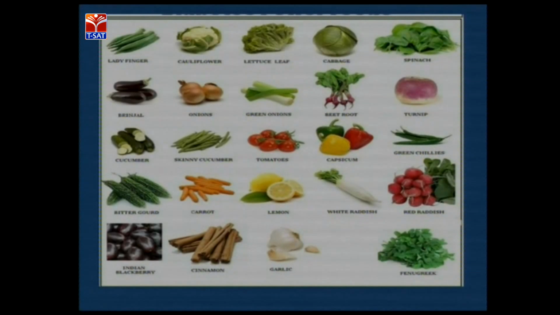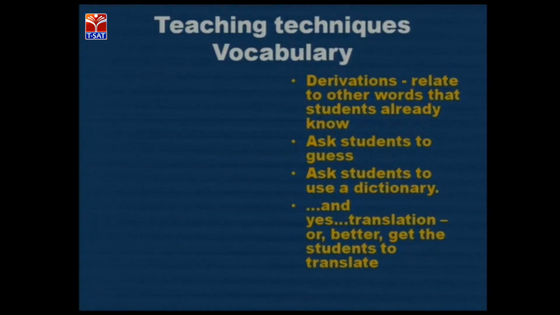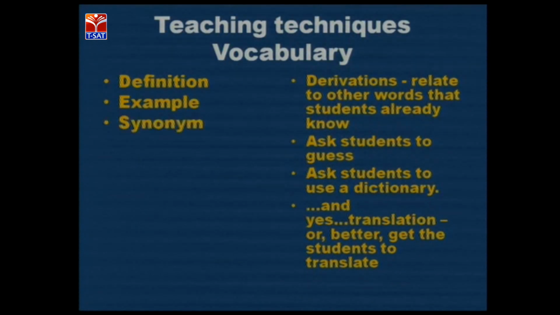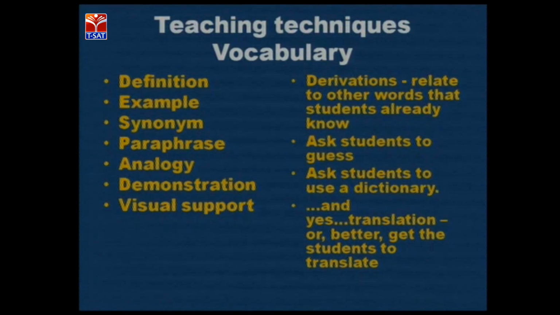Show and teach, and let our students make use of these words in their day-to-day life. Also use your convenient technique. You may give definitions, examples, show real objects, or give synonyms of that word. In this way use these techniques in the classroom in order to teach vocabulary to students.